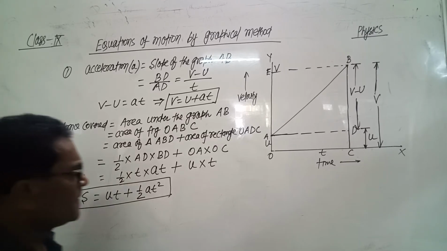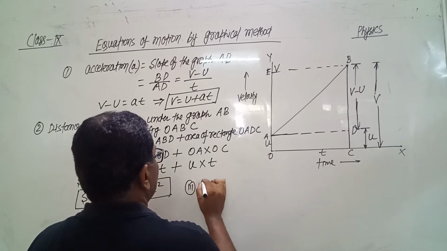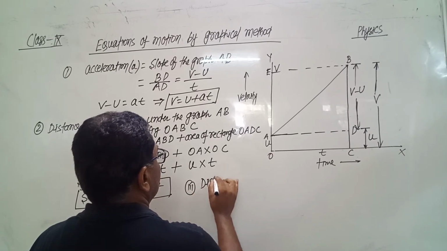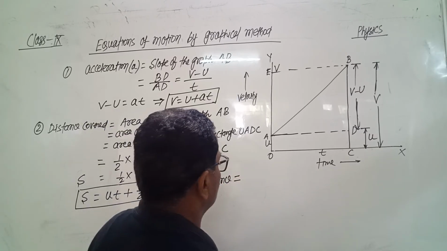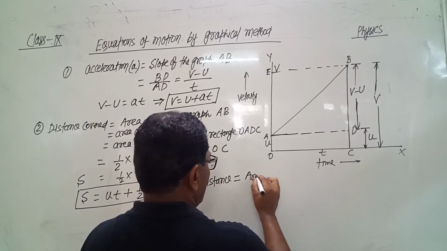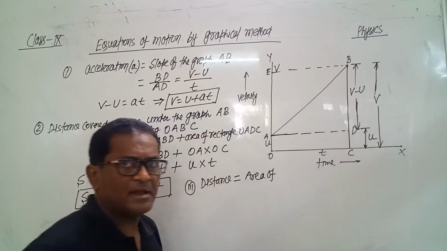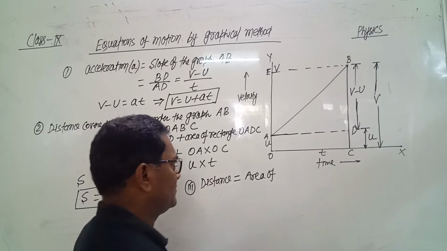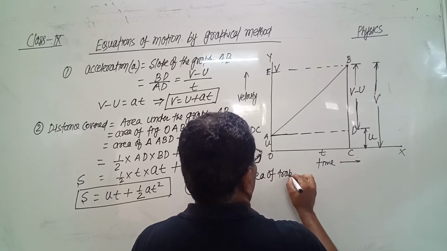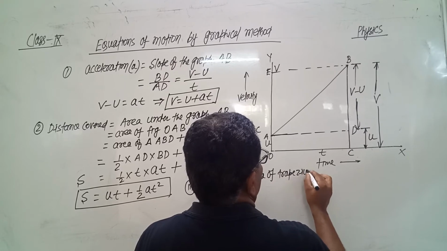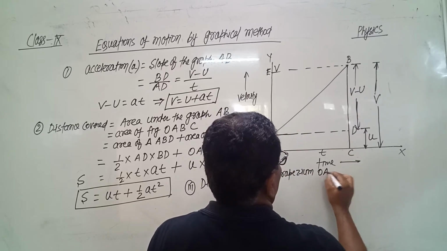So again for the third, we will find the distance covered, and distance covered equals the area of the graph, which means the area of trapezium OABC.